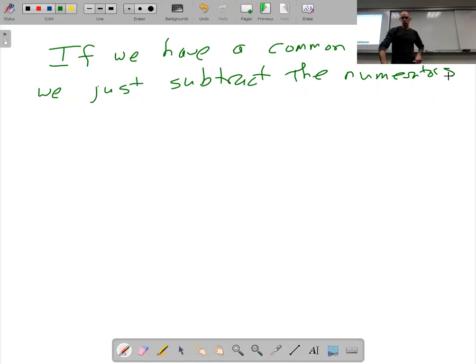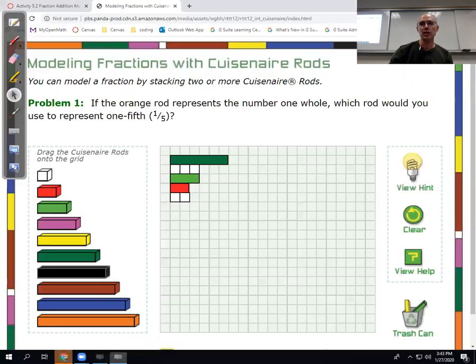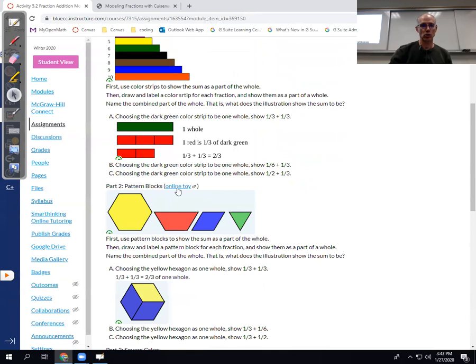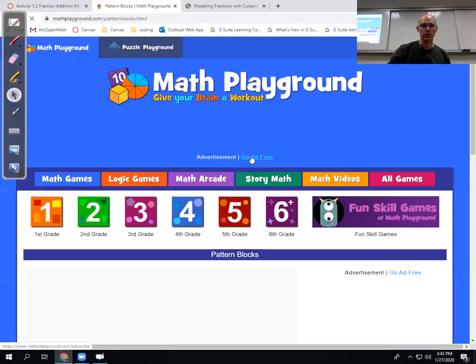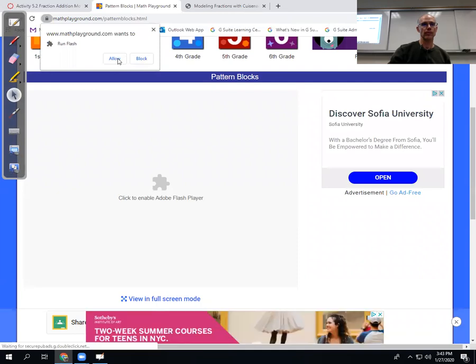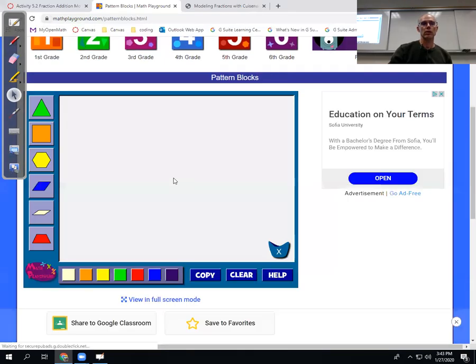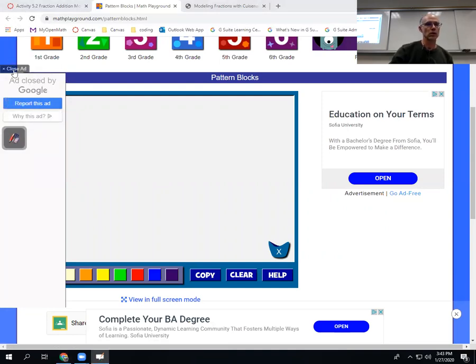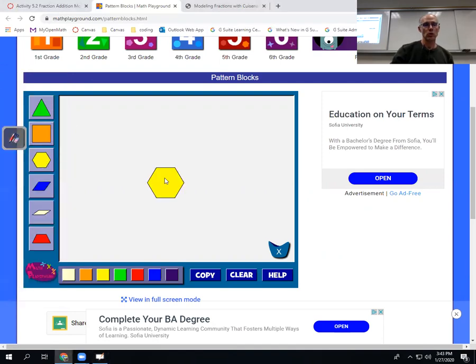And it's not much different doing this with the pattern blocks. They're just a different shape and feel, but the process is pretty much the same. Let me bring up the pattern block toys. So to use the pattern blocks, I have to identify what a whole is.